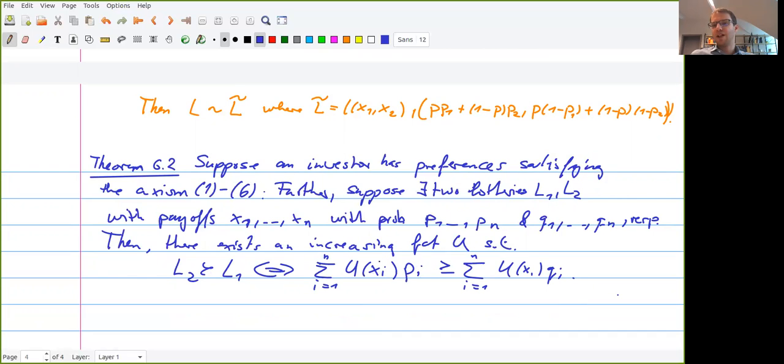So I take the expected value of the function u of my random variable, which are the payoffs of the lottery x, multiplied with the probabilities. So this is the expected value of my lottery under the function u, under the measure p. And this will bring us next lecture to the notion of utility function, which is exactly such an increasing function, which allows us to capture the preferences of an investor. All right, thank you.